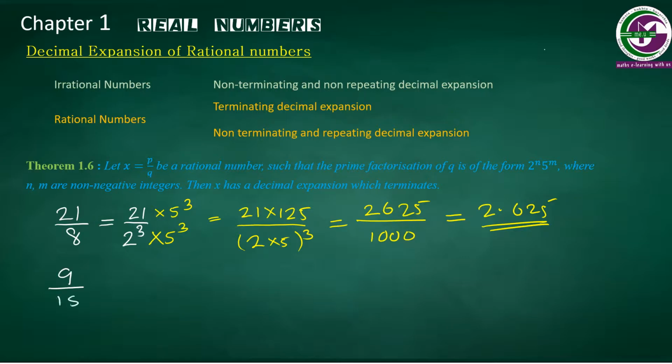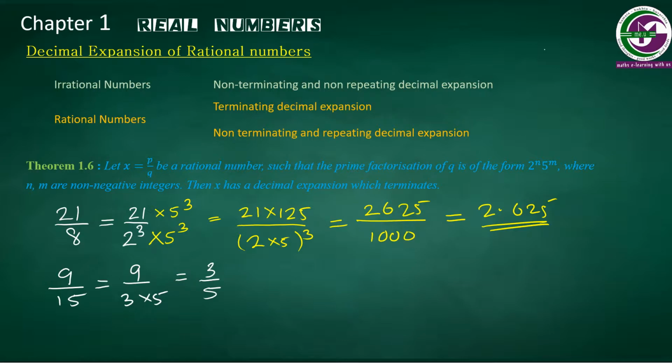Now another question, 9 by 15. By factorizing the denominator, we'll get 9 upon 3 times 5. But you can simplify this fraction because 3 is a common factor in the numerator and the denominator. After cancelling the numerator and denominator by 3, you will get 3 upon 5. So the denominator is 5 only, so the decimal expansion terminates.